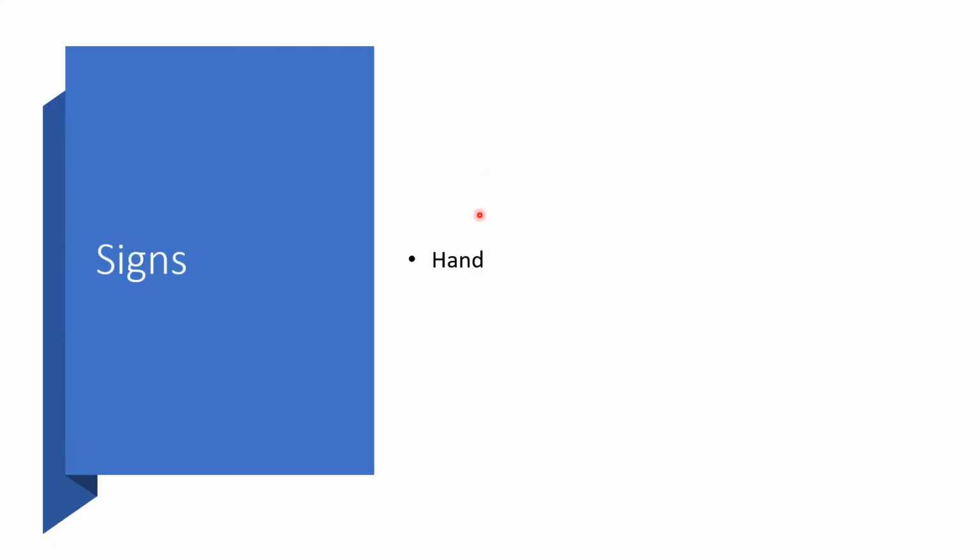Now the signs. I will start with the hand. You can see the heart from the hand, particularly in infective endocarditis, where you are likely going to find vascular and immunological phenomena. You can find Janeway lesions, splinter hemorrhages, Osler nodes, but not specific signs here.